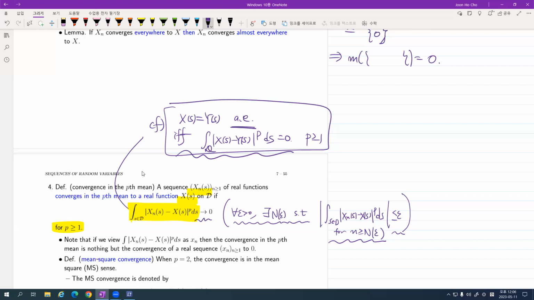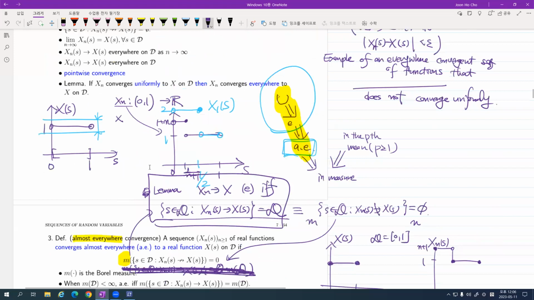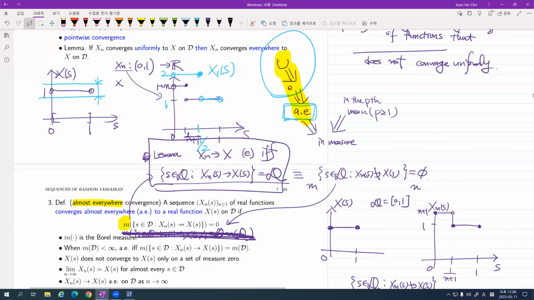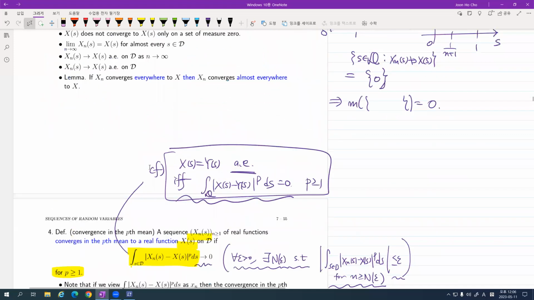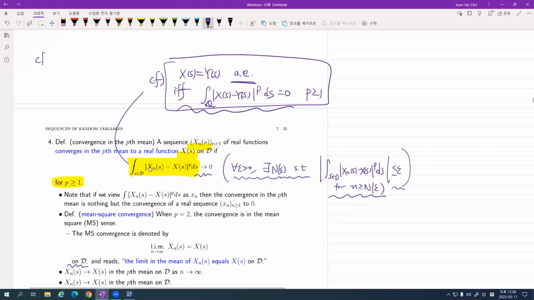This is a totally different thing, and we will see an example. What happens here is called convergence in the pth mean. And you may remember something similar: yes, we've already seen, given a sequence of random variables and a random variable, something like this, and we defined it as convergence in the second mean, or mean square convergence.